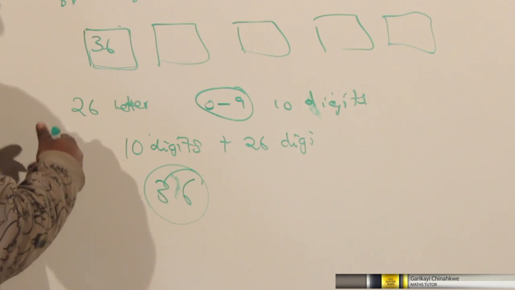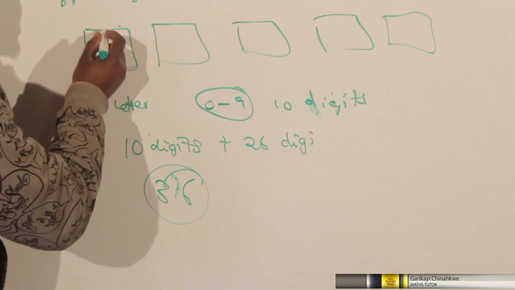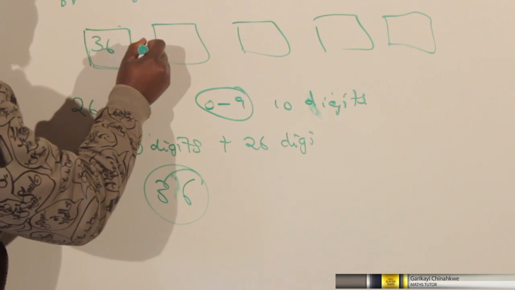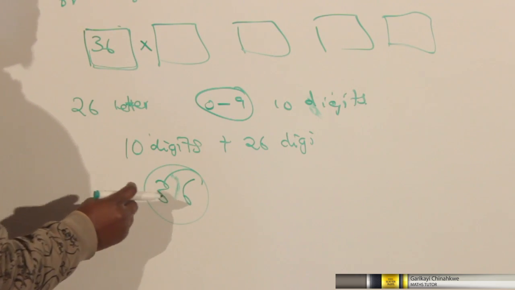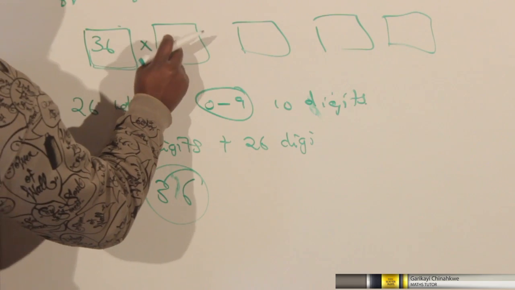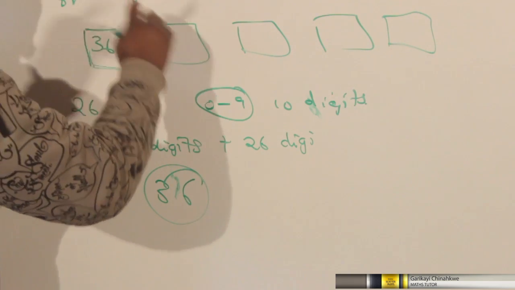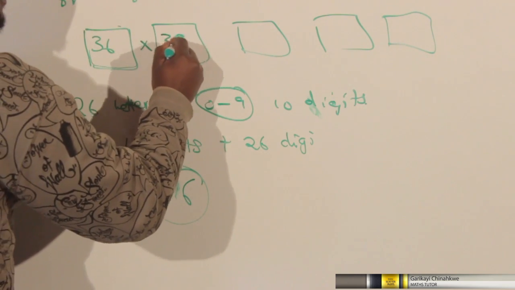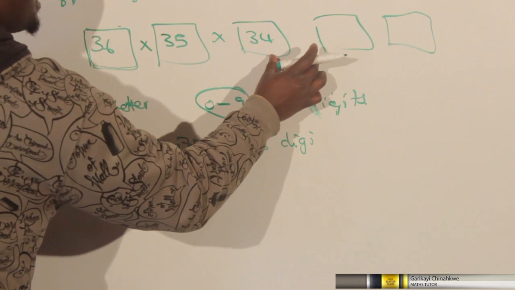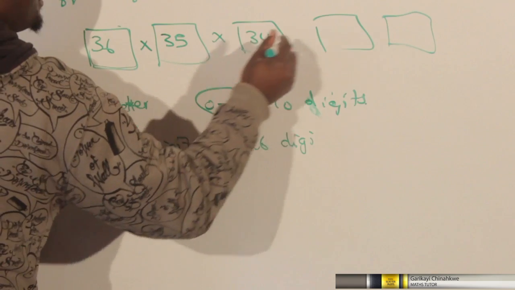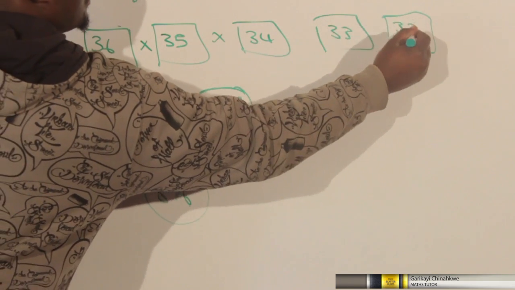But they say it must not be repeated. So it is 36 multiplied by, if you choose one of the characters, for the second block you choose from 35 characters. Now there are 2 of them used, so you choose from 34, then 33, then 32.